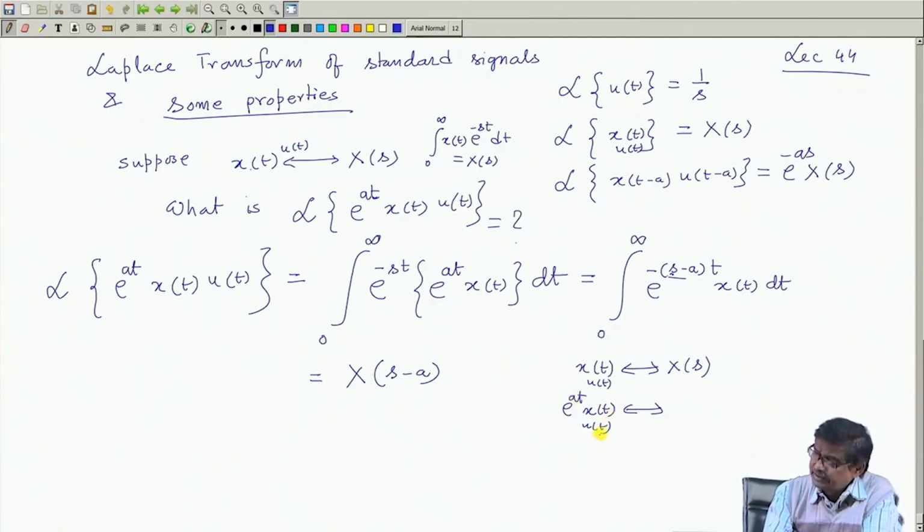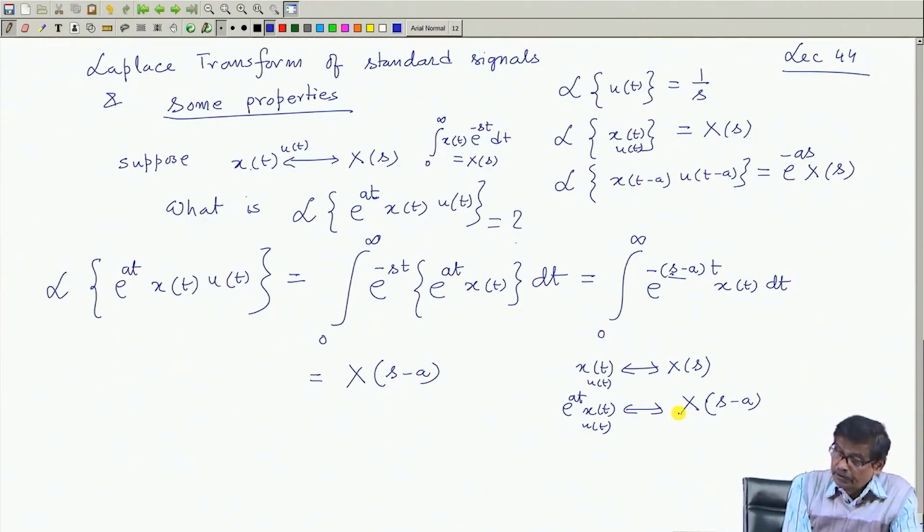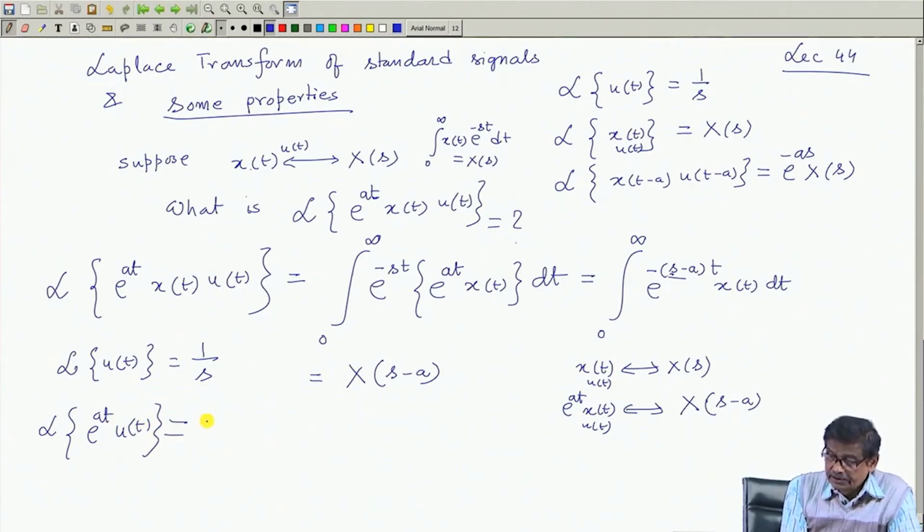So, the transform of e to the power a t x(t) u(t) will be nothing but X(s minus a): whatever a you multiply with, replace s by s minus a. For example, the Laplace transform of u(t), I have already calculated, is 1 over s. Then the Laplace transform of e to the power a t u(t) will be nothing but replacing s by s minus a.